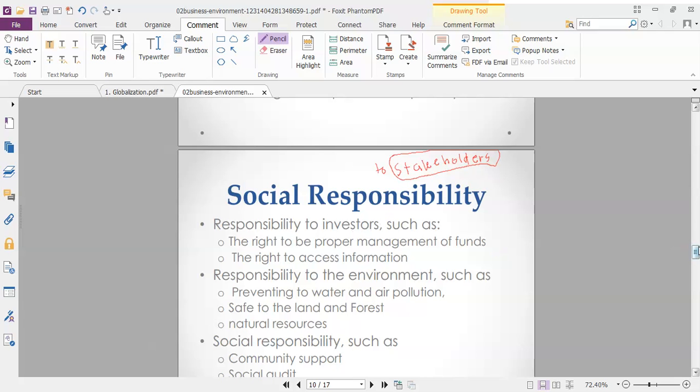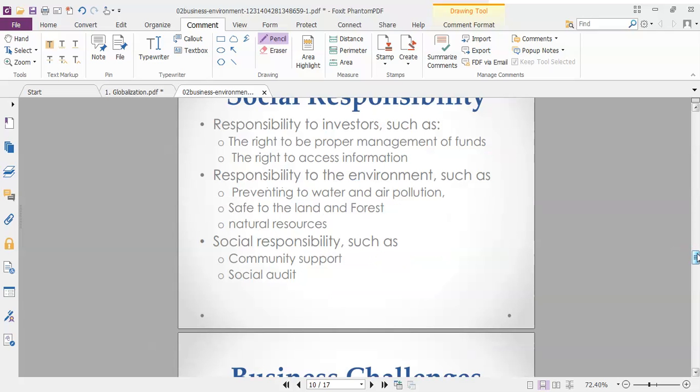Okay, how about the responsibility to the environment, such as, as I mentioned before, preventing water and air pollution. Your company is using dangerous chemicals, so you should prevent water and air pollution by your chemicals.